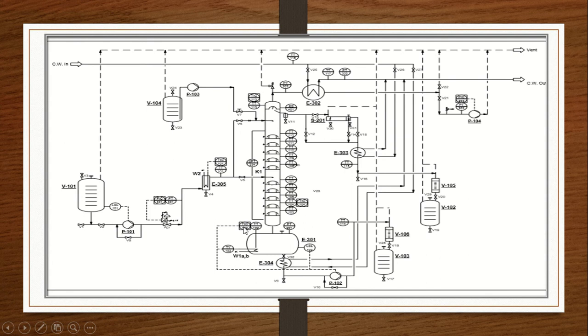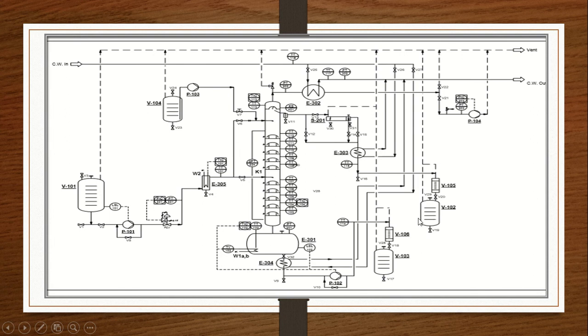For the reboiler, E301 is the reboiler. E304 is the cooler for the bottom product. This is the condenser for the distillate, which is in the vapor phase. After we condense it, we will collect it in the liquid phase. This is also a cooler for the distillate.